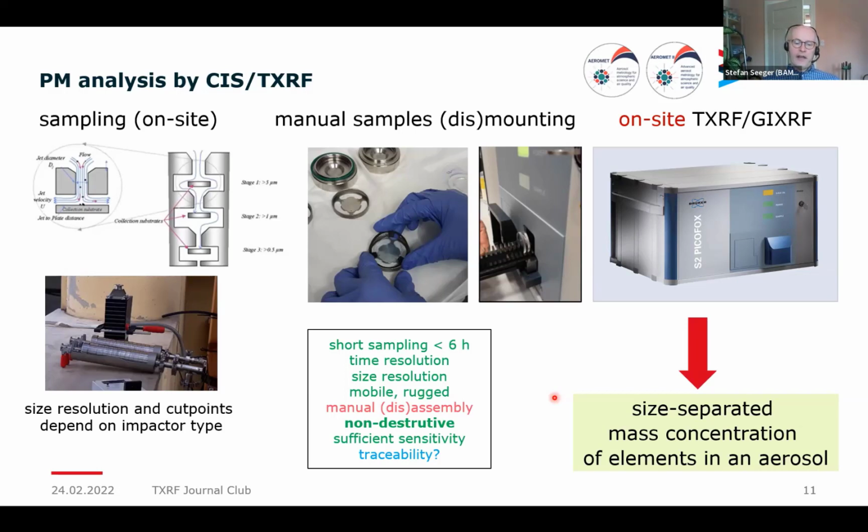I leave a question mark here for the moment, because traceability is something which has to be dealt with, and it is not so easy to fulfill the full demands of traceability with this method compared to ICP-MS. The method itself ends up with a size-separated mass concentration of elements in an aerosol.